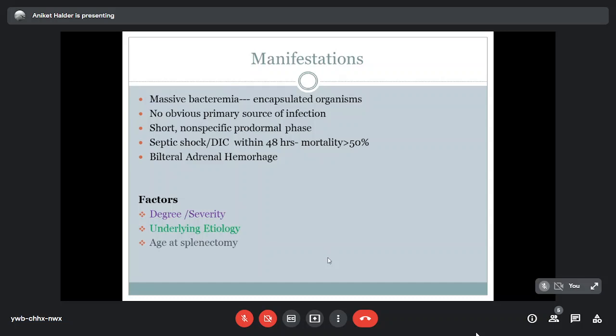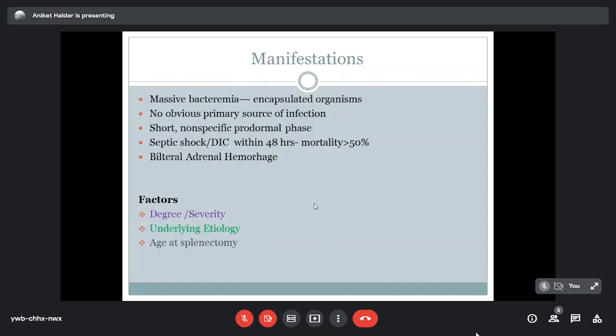In asplenia, or due to autosplenectomy in sickle cell disease, or after surgical removal, there will be massive bacteremia by encapsulated organisms, although the chances of massive bacteremia are less in patients in which the splenic function is only mildly decreased.